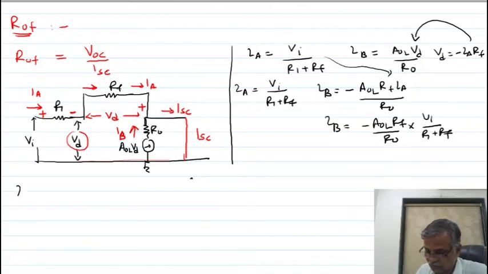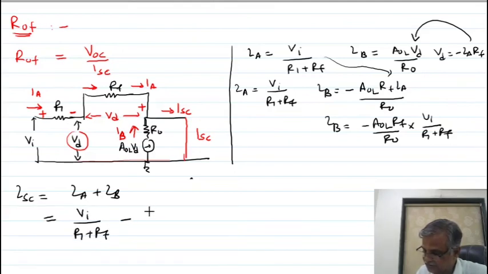So the short circuit current is nothing but IA plus IB. You can see here, this current is nothing but IA plus IB. So I am writing this value: VI upon R1 plus RF minus AOL RF VI upon RO into bracket R1 plus RF.